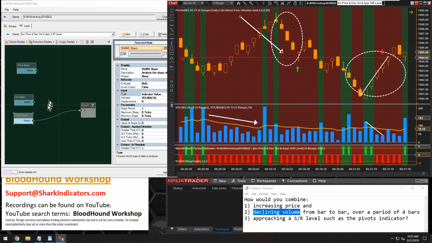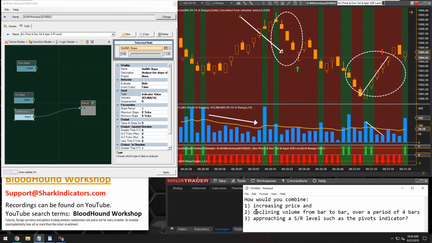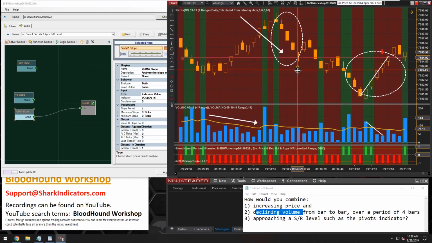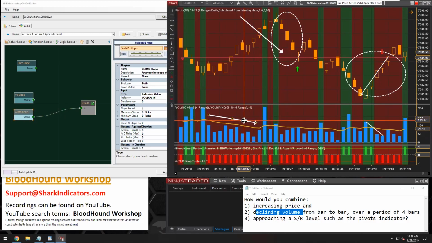So if we look at our slope solvers, if price is always declining, regardless of whether you're looking for a long signal or a short signal, then what we need to do is these slope solvers for volume need to output a long and a short.